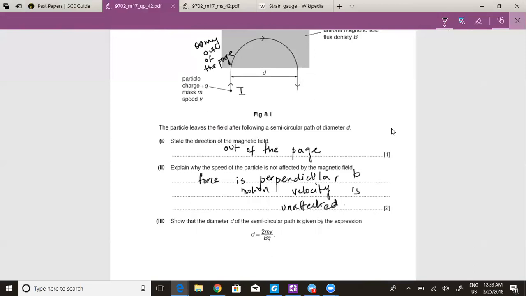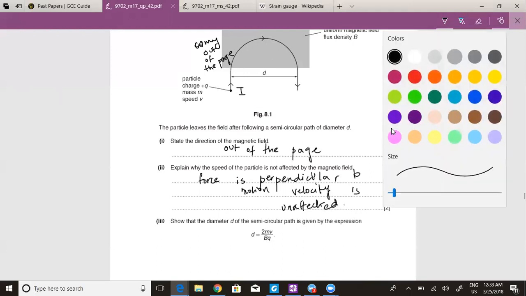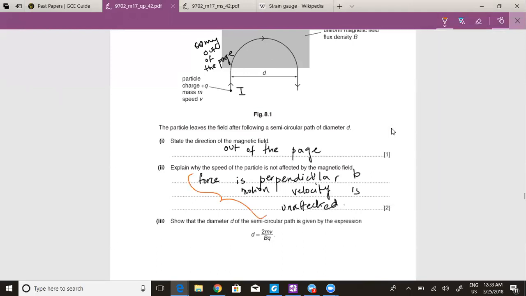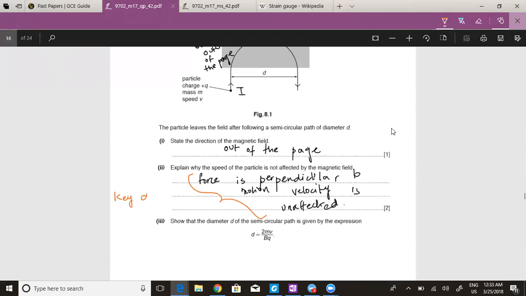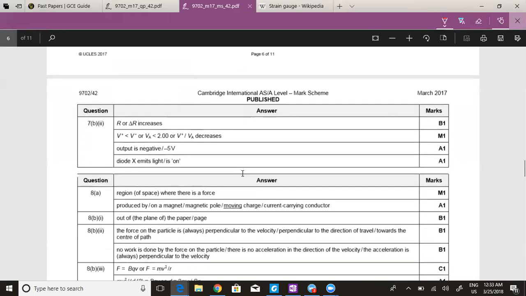The direction is only changing. In fact, this is one of the main key differences between electric and magnetic fields. In a magnetic field there is no change in the speed. In an electric field there is always a change in the velocity. So, out of the plane.